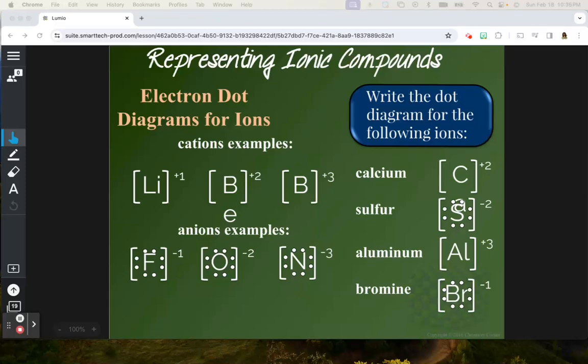There's beryllium, boron with its +3, beryllium with its +2, samples of cations, and then fluoride with its -1, oxide with its -2, and nitride with its -3. And here are the dot representation of the practice problems you were to do.